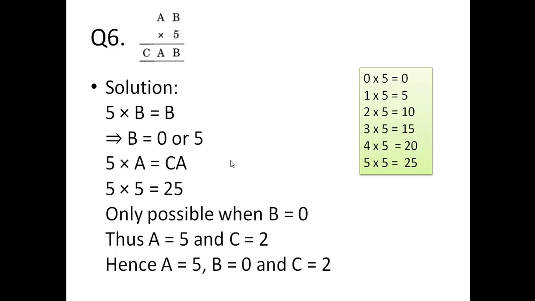So 5 into A equal to CA. 5 into 5 is 25, which is only possible when B equal to 0. Thus A equal to 5 and C is equal to 2. B is 0.